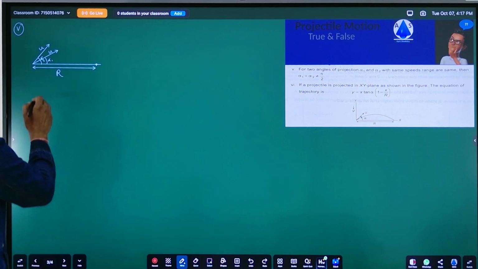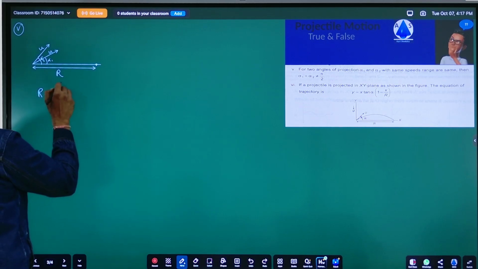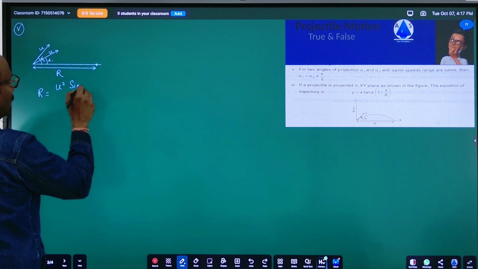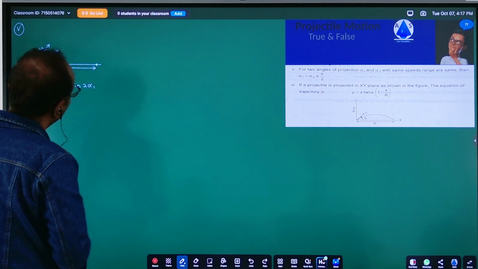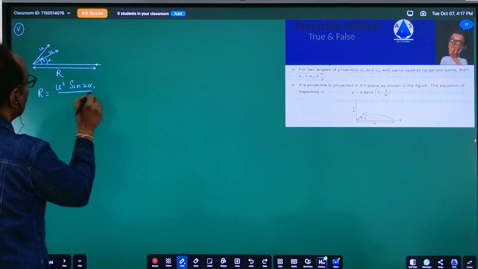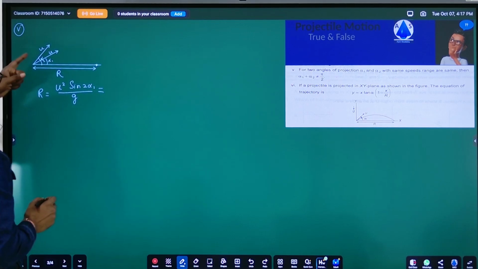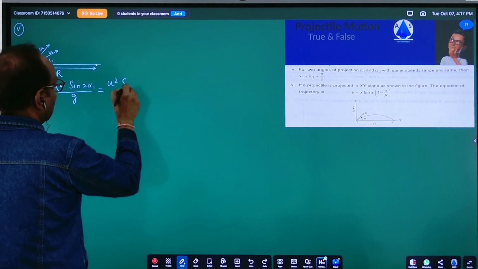So you know by definition range is u square, meaning initial velocity square, sine 2 alpha 1 by g, and since with alpha 2 also the range is same, so we can write the same expression.